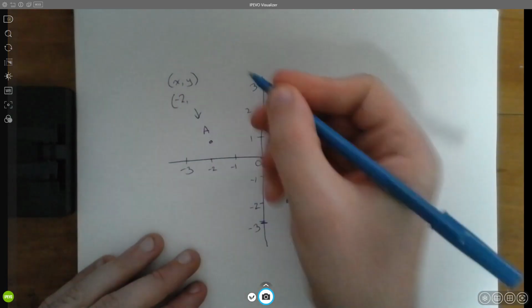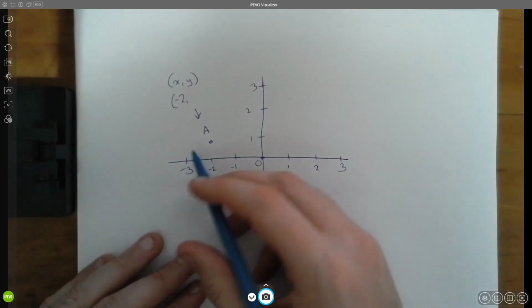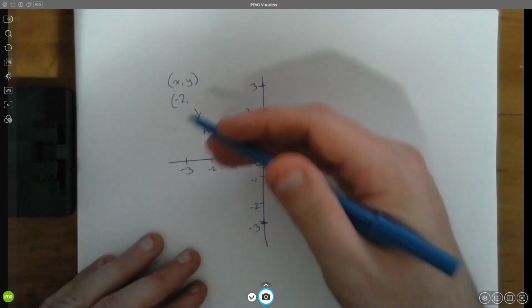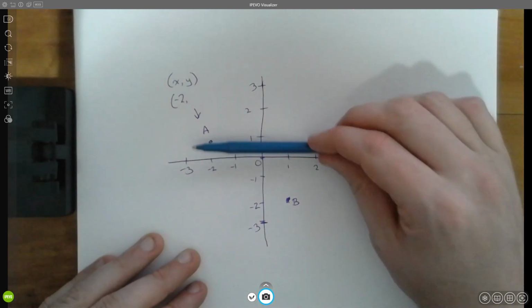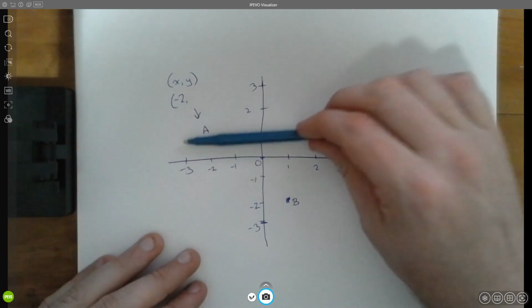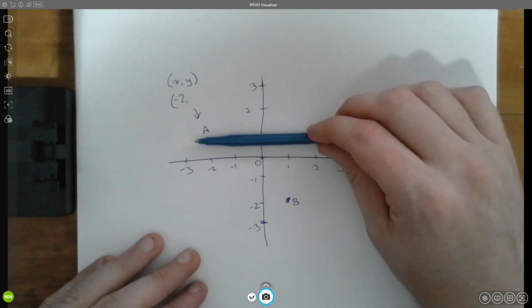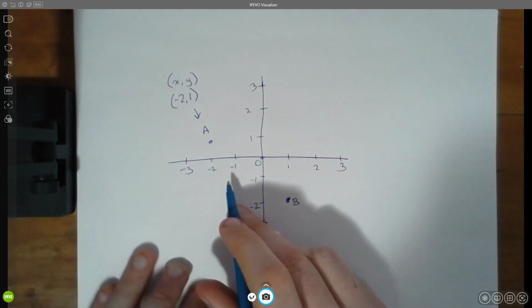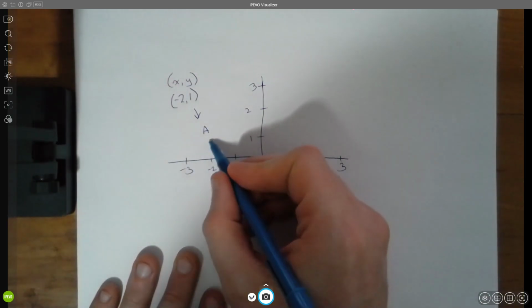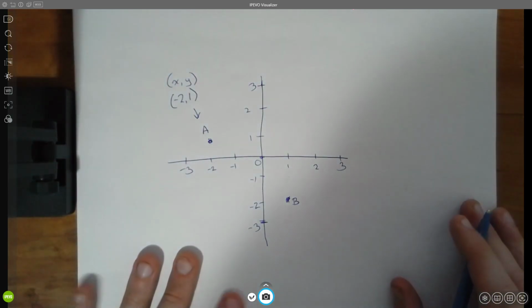So -2 to be lined up with that A. Next is my y value. That's how far up or down it's going to be. So starting here, I see I'm going up, so I'm going to be positive, and I'm going up 1 space. And when I go up that 1 space, it lines exactly up where that A is. And so -2, 1 is my coordinate for this particular point, point A.